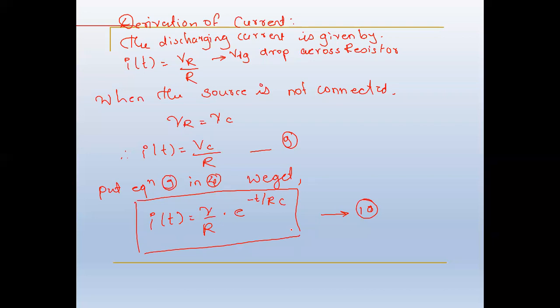So if we have to identify the variation of current, the variation of current can be defined with tau is equal to RC, and therefore I of t is equal to V by R into e raised to minus t by tau.